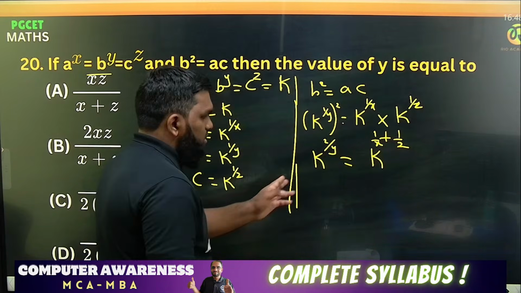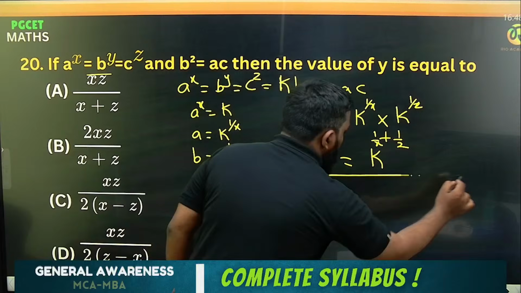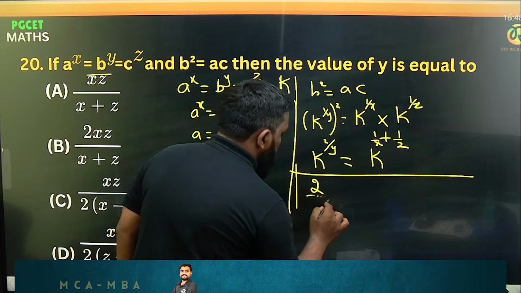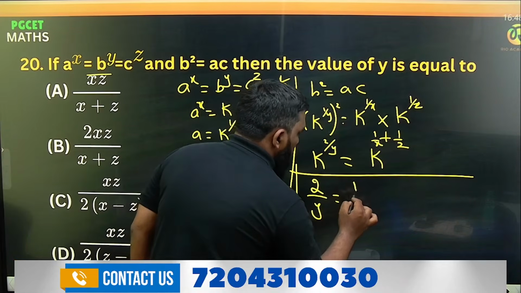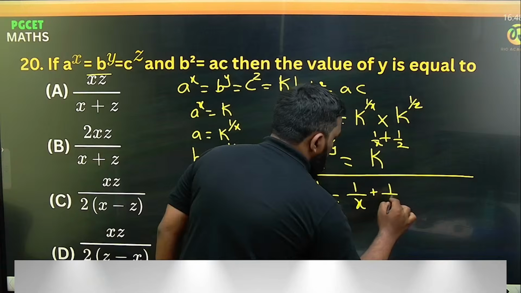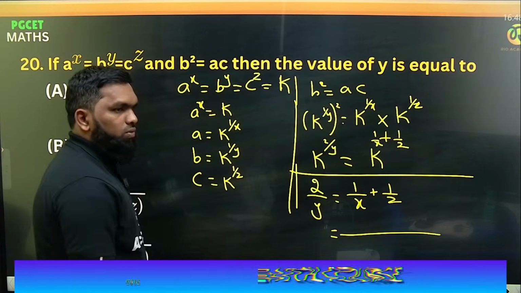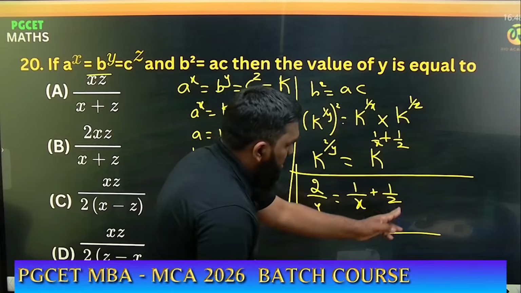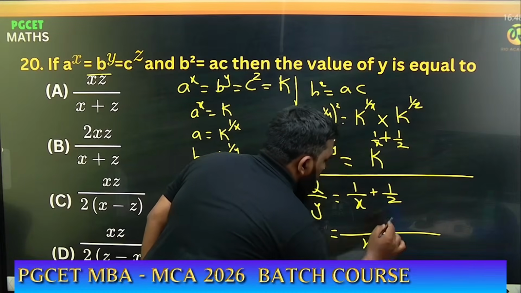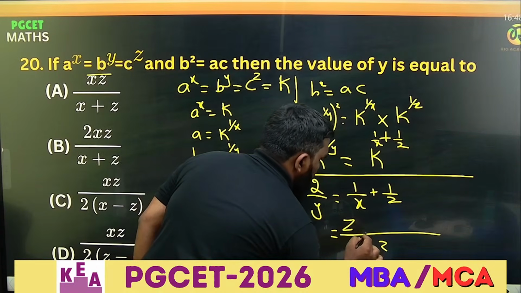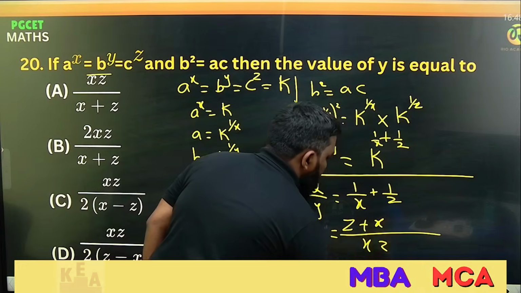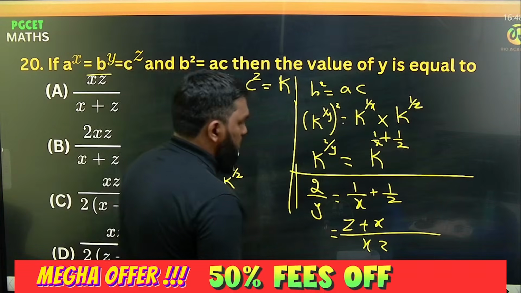Now here the bases are equal, we are going to equate the power, that is 2Y is equals to 1 by X plus 1 by Z. Now LCM is XZ, so z plus x over xz.